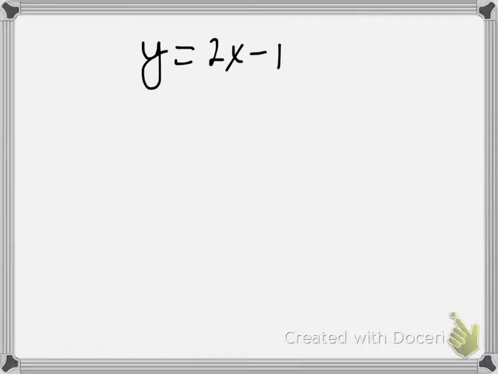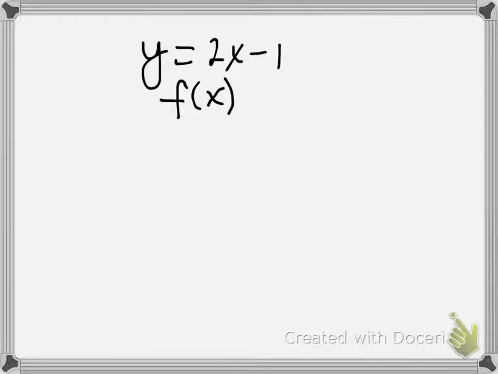Okay, so I have right here a function that is 1 to 1. I know it's 1 to 1 because this is a line and it passes both the horizontal and the vertical line test. I'm going to name this function f of x.